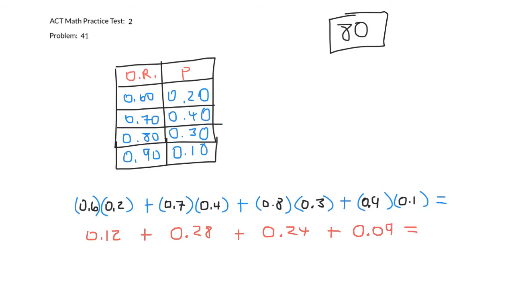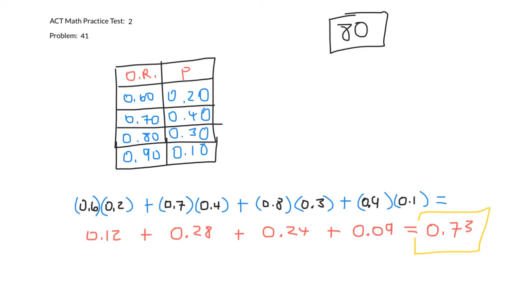And that would equal 0.73. Now, that is the expected rate when you take into account the occupancy rate and the probability of actually getting the room. So that's the expected rate that we then multiply times the total number.